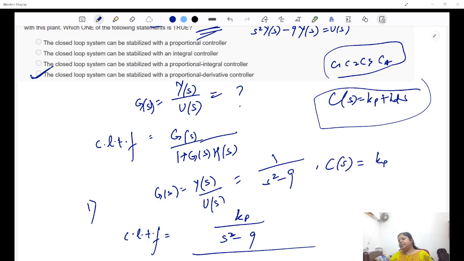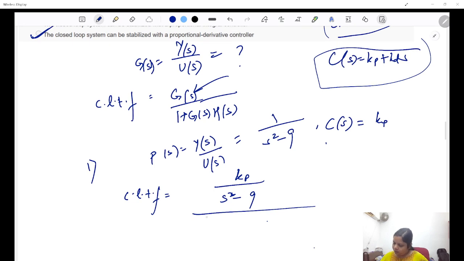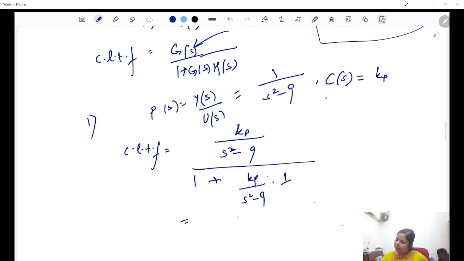Gs into Cs is your complete open loop transfer function. So this should not ideally be called Gs, it should be called Ps. So Cs into Ps upon 1 plus Kp into s square minus 9 into Hs, since it is a unity feedback system. From here you can write Kp upon s square minus 9 plus Kp.